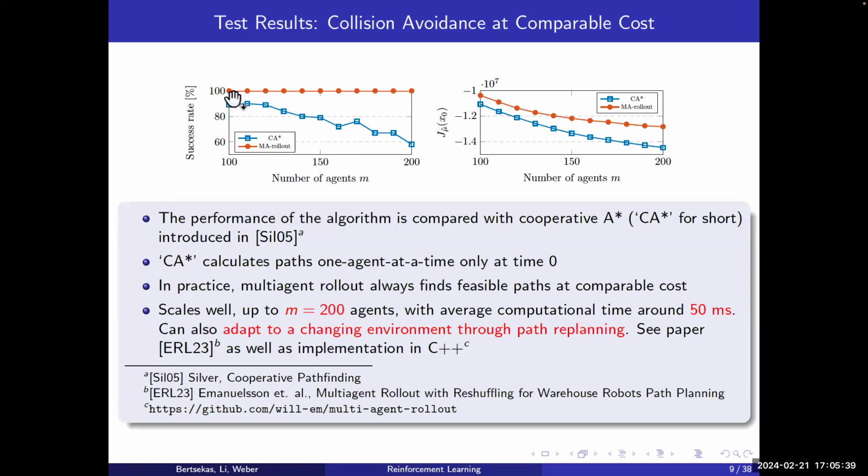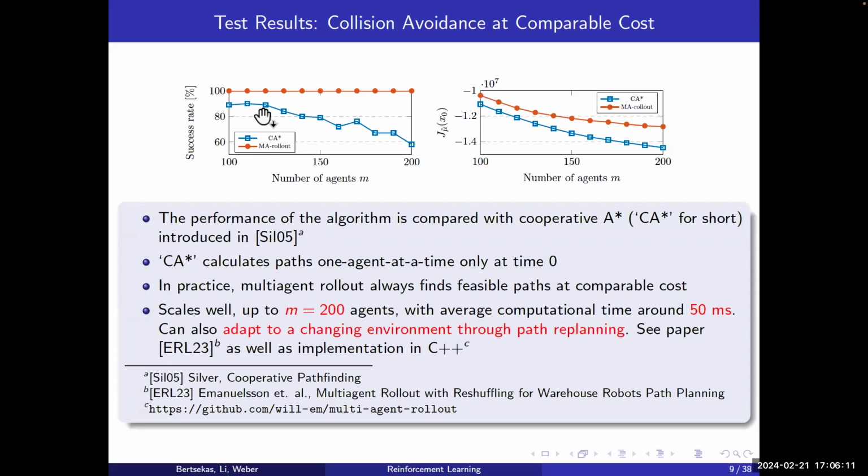So these red dots are the success rate for multi-agent rollout in all the test cases. So in each test case, there are a certain number of agents present in the environment. And for each case, we randomly generate 10 test examples and run both multi-agent rollout and cooperative A star.